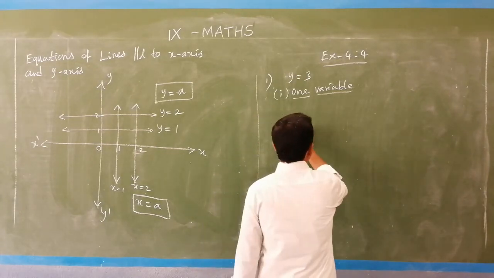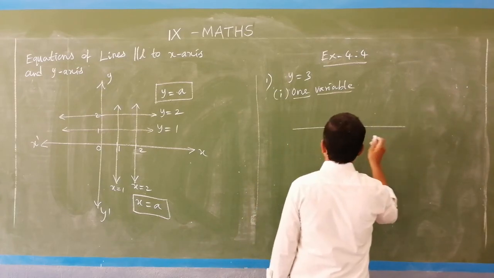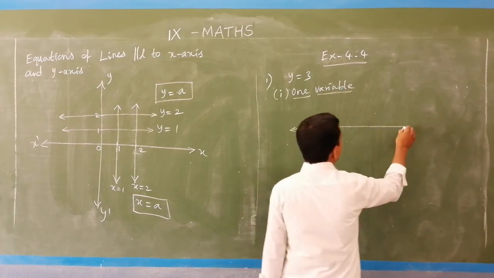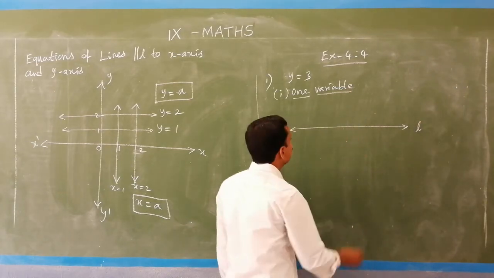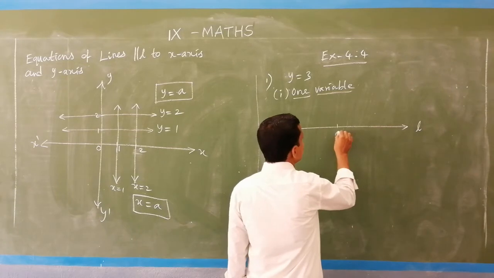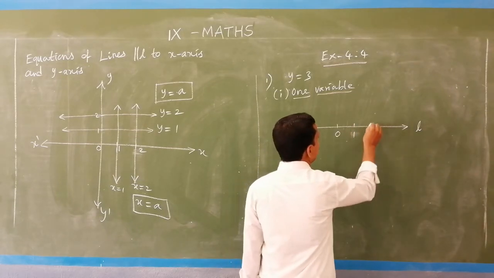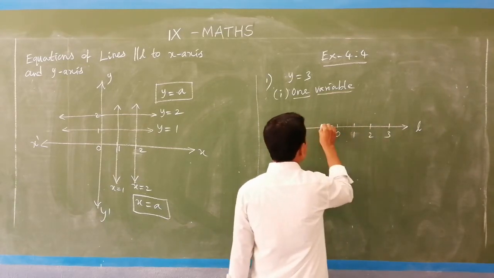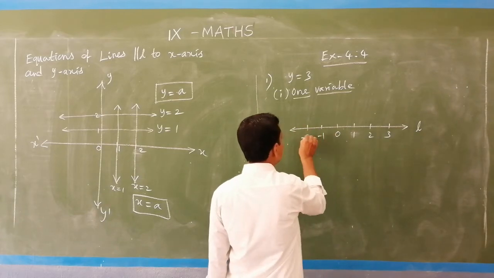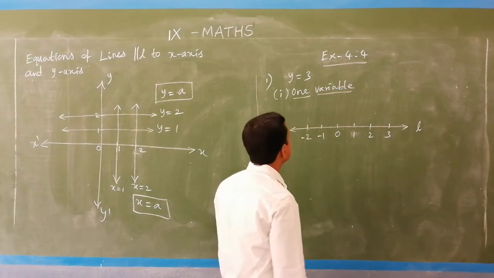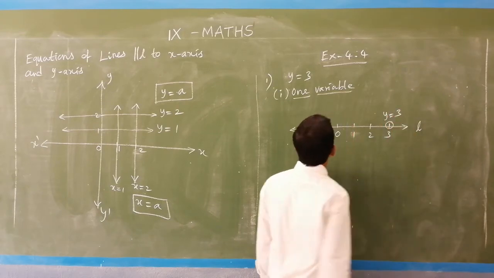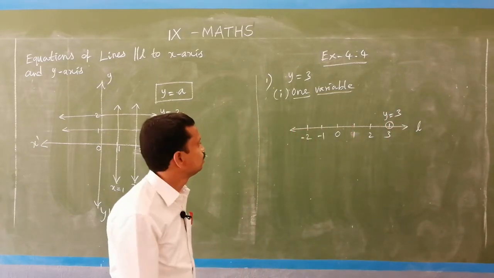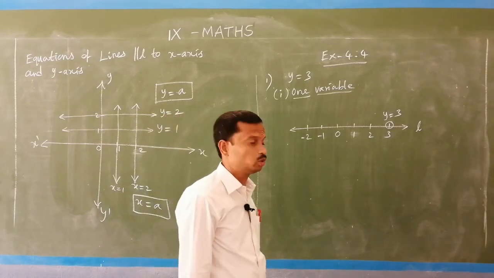So, any number line you can draw. This is L, the number line, and here 3. So, 0, 1, 2, 3. This is minus 1, minus 2, like that you can take, and you can put this as point y equal to 3. Clear? So, on the number line we can easily show it.